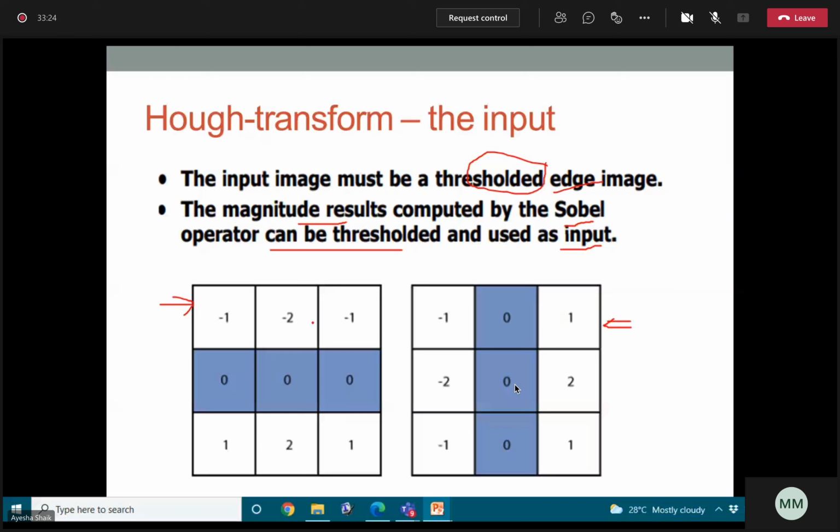So the edge direction: we can compute the magnitude of the edge. That is nothing but our g, that is del f. That we can compute by using square root of gx square plus gy square. So what is the length? Whether this is the length or that is the length for that particular edge, we can identify. But how to compute the direction? For the direction we can take tan inverse of gy by gx.